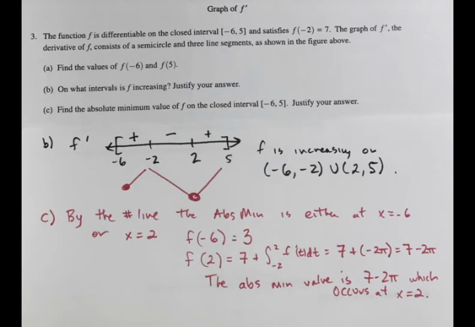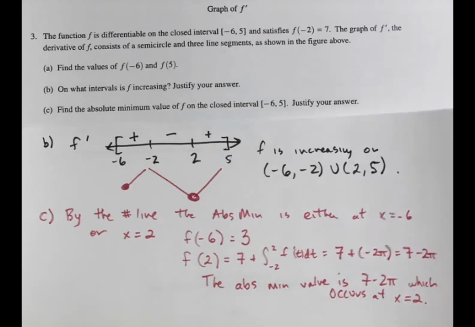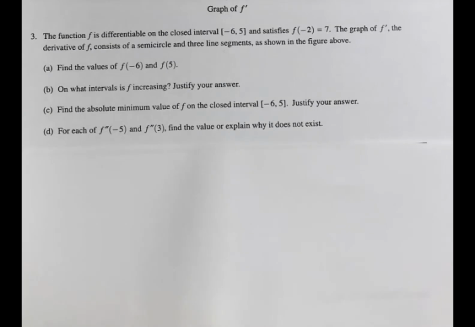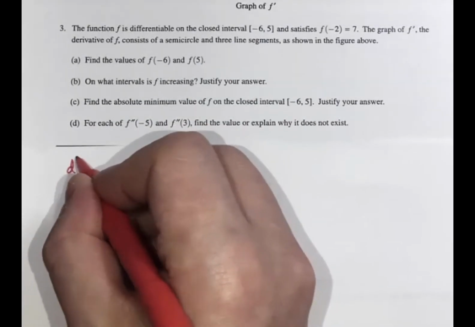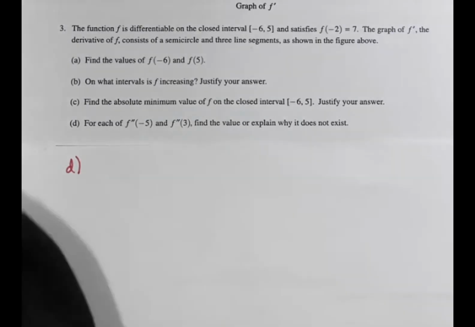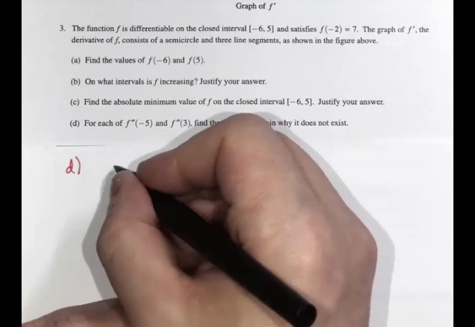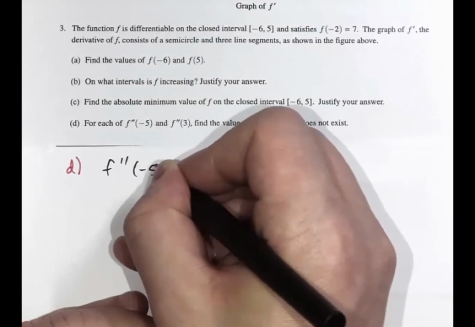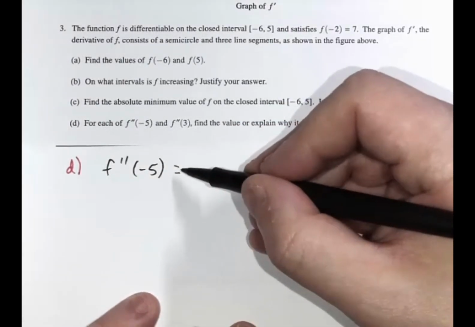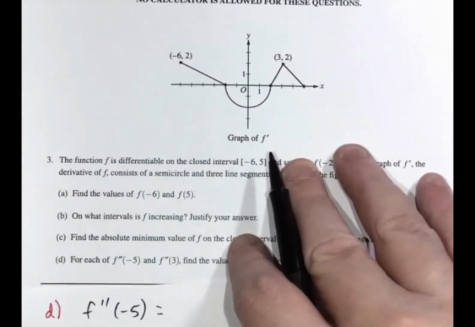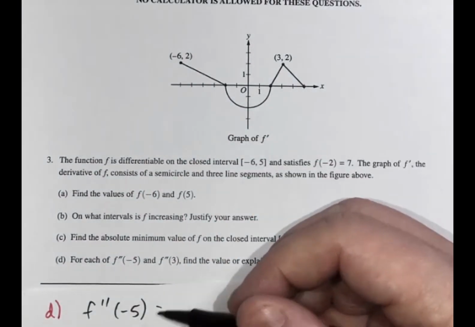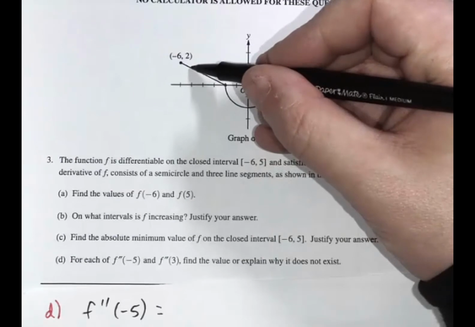Okay, last part now. Now we're going to do part D. For part D, it says find f double prime of -5 and f double prime of 3, or explain why those values don't exist. So f double prime of -5 would be the derivative of the derivative at -5. And this was our derivative. -5 is located right here.